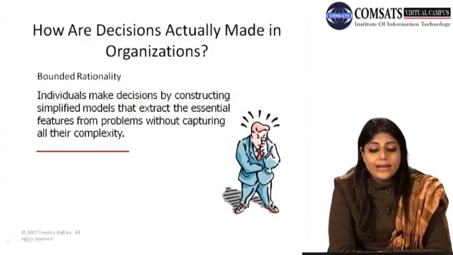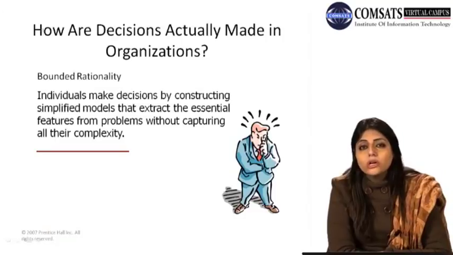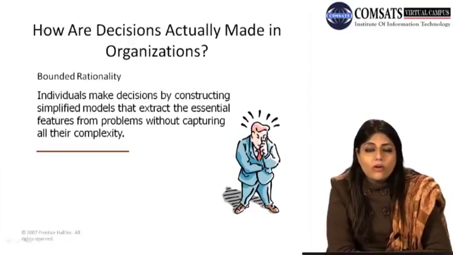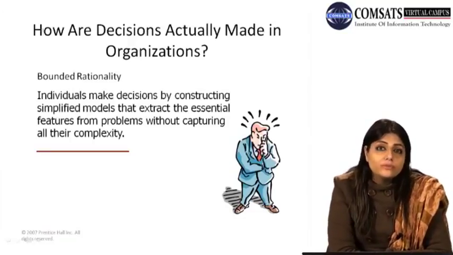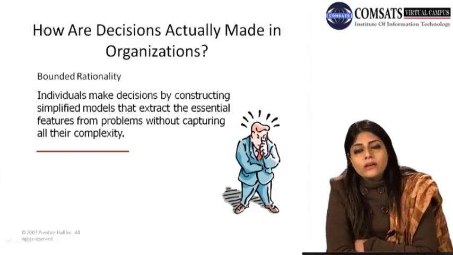And then we also saw that actually the decisions are not rational decisions aimed at maximizing the output, but managers need to satisfice, right? In reality they have limited information and a limited amount of time, and they have certain other constraints.